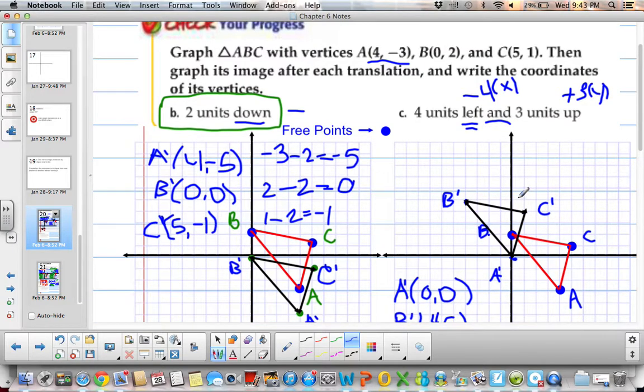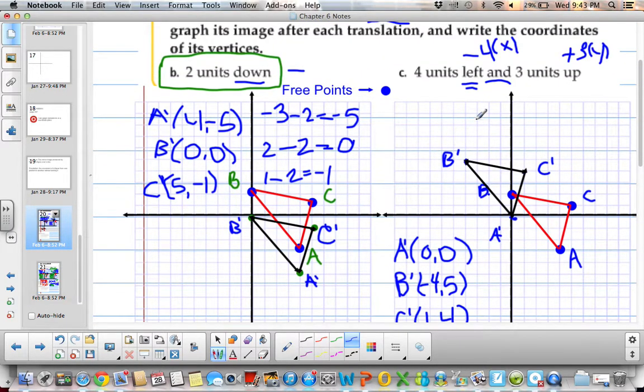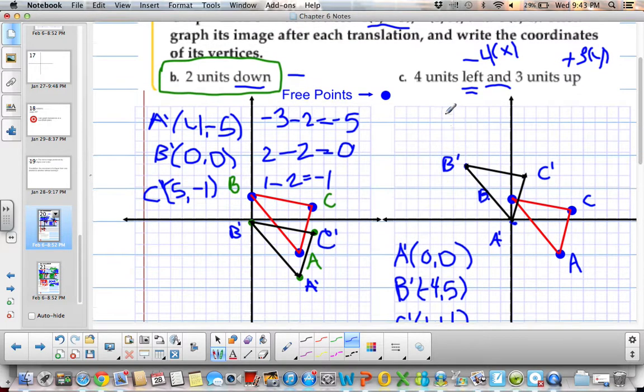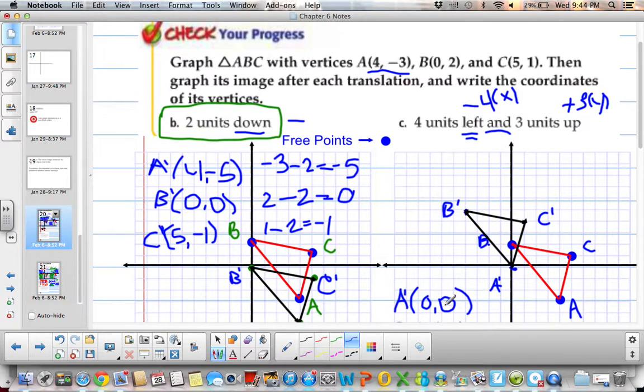So we're taking A, and we can see that if we take 4 minus 4, we get 0, and then -3 plus 3, we get 0 as well.